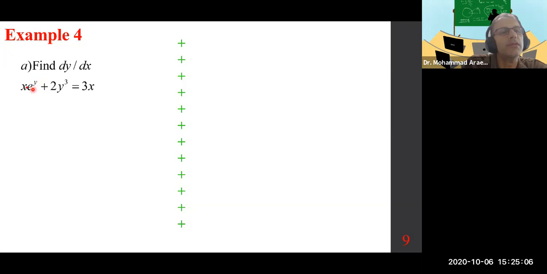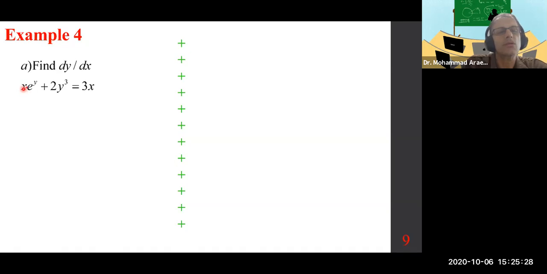What is the derivative of e to the power of y? Remember, any exponential, the derivative is itself. So e to the power of y, because the exponent is not x, rather a function of x, times y prime or dy dx, by the product rule times x.